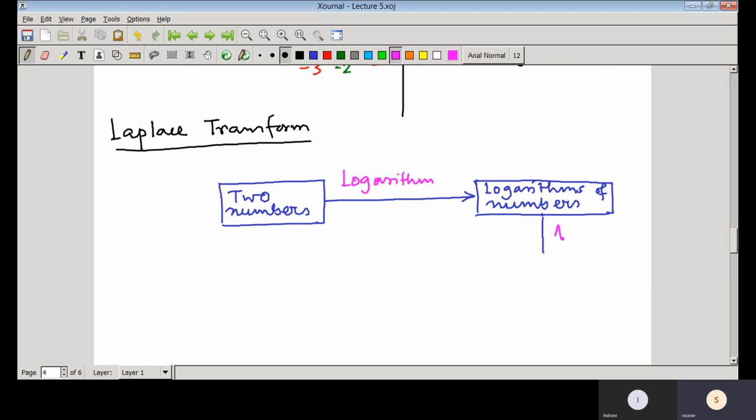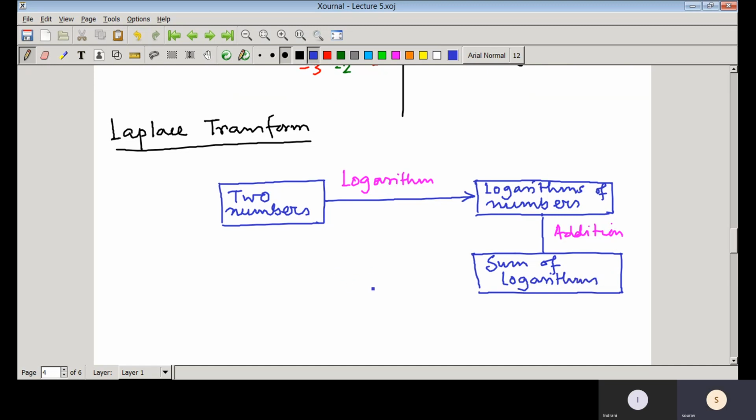So this is actually that addition, and here what you get is the sum of logarithms.